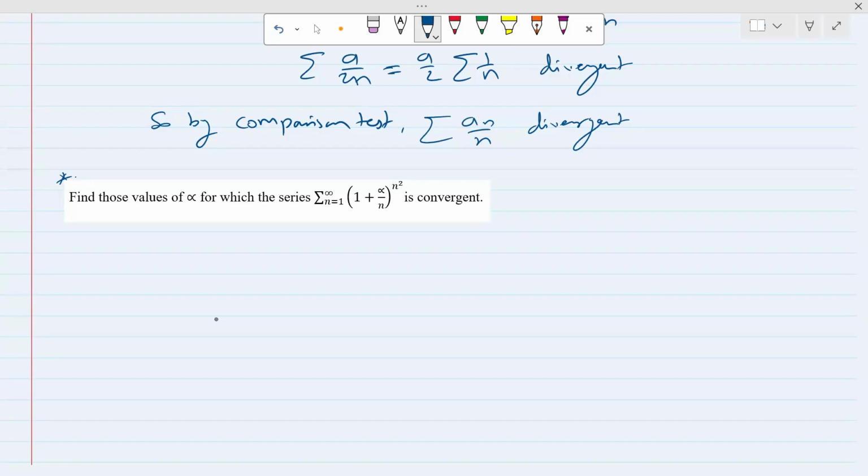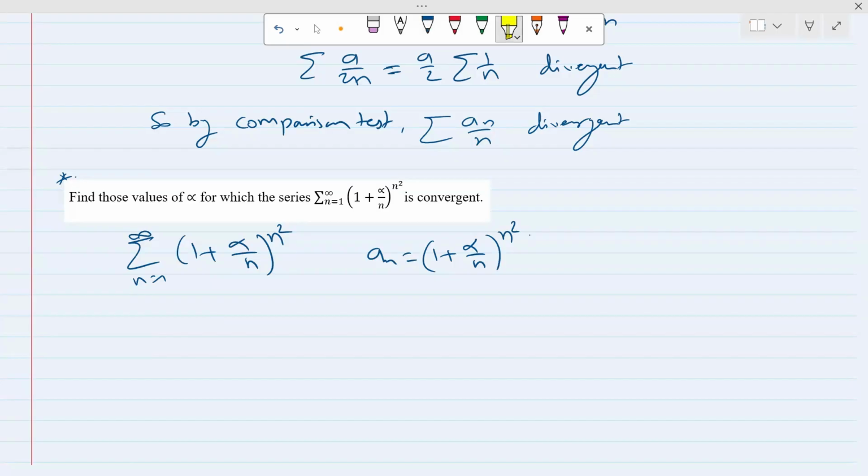So what is the series here? Summation n from 1 to infinity, (1 plus alpha by n) whole raised to n square. So what is an here? (1 plus alpha by n) whole raised to n square. But we want to find those particular alpha for which it is convergent.